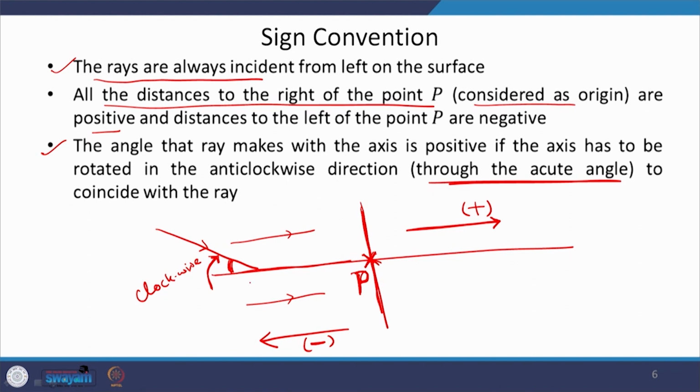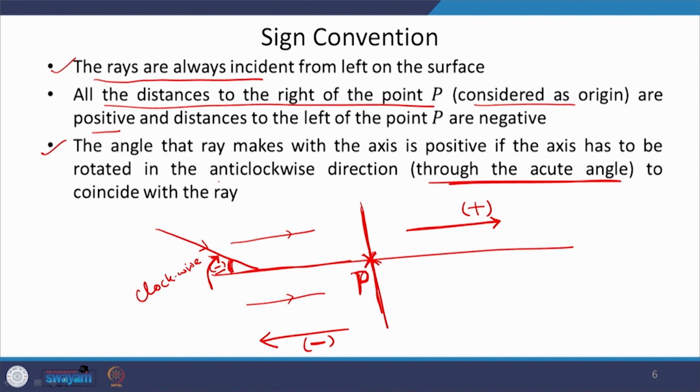Now, again I read this statement: the angle that the ray makes with the axis is positive if the axis has to be rotated in the anti-clockwise direction. Now, you see that here the rotation is in the clockwise direction instead of anti-clockwise. Therefore, this angle would be represented as minus.